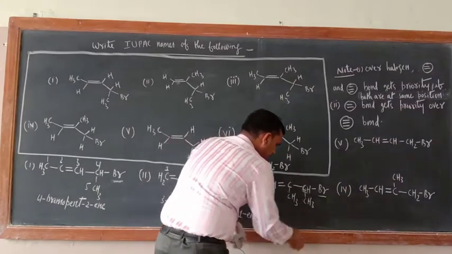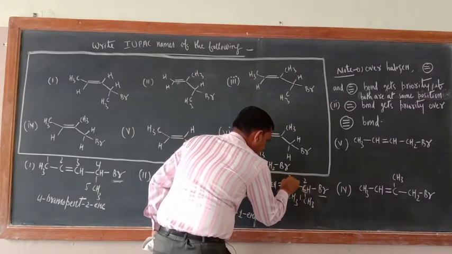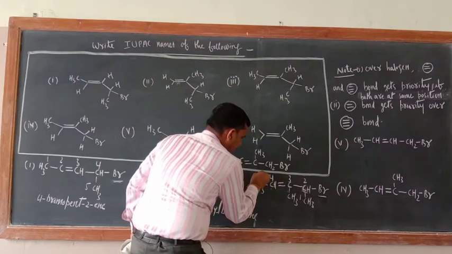Now here, 1, this is 2, this is 3, this is 4, this is 5.